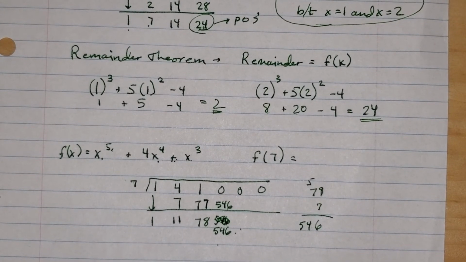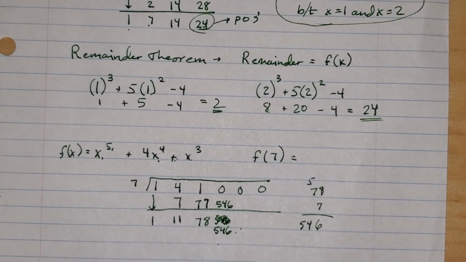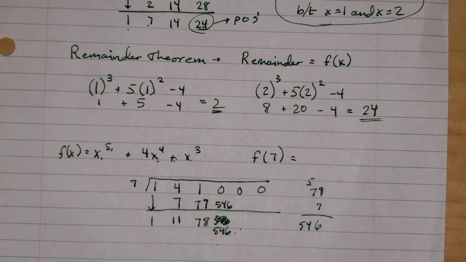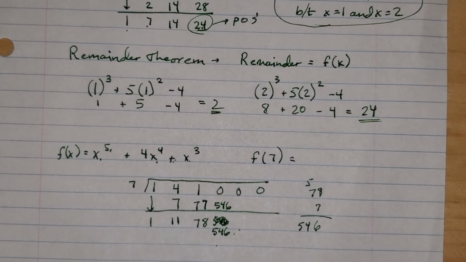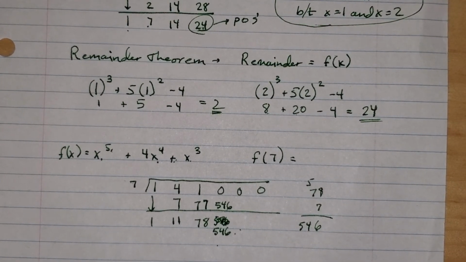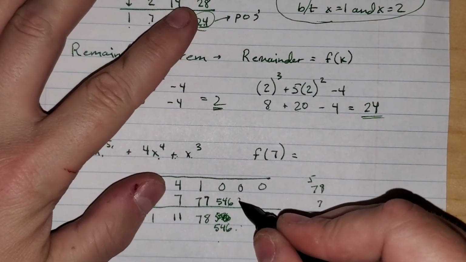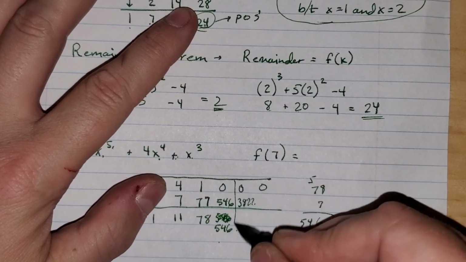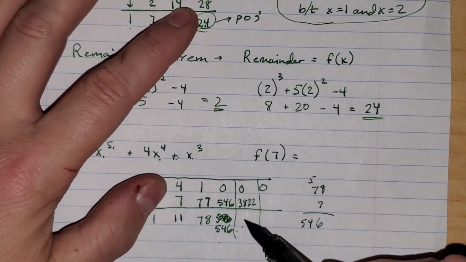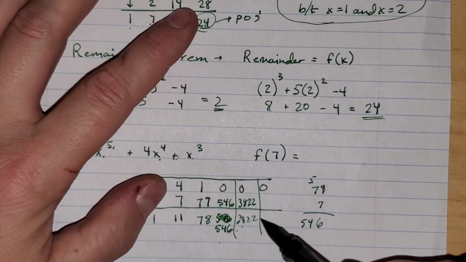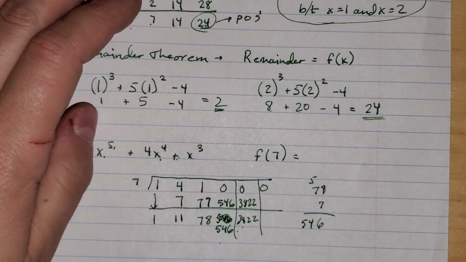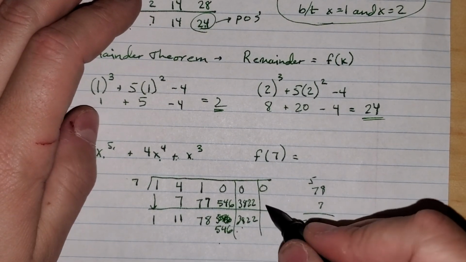Now, at some point I do get lazy. I happen to have a calculator. So I'm going to type 7 times 546. And I get 3822. Okay? Add 0 to that, you get 3822. 3822 times 7, I get 26,000.